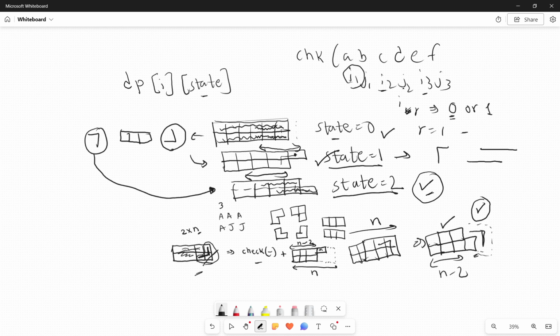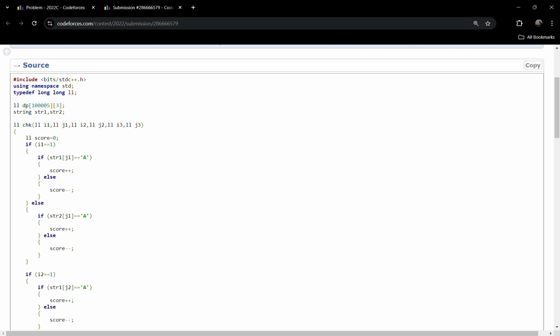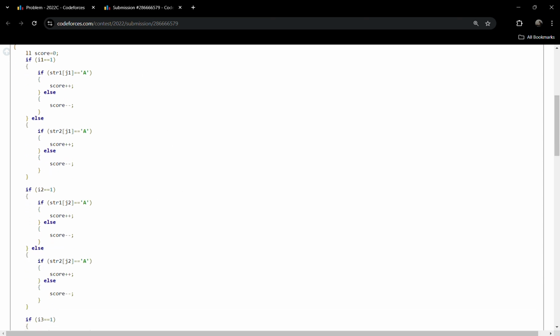Okay, and b, d and f represent what number of cell in that half of the grid it is. So heading back to the code, that is basically what the check function is doing.